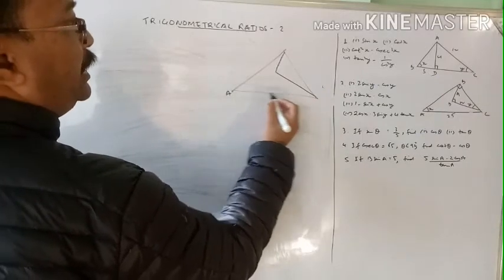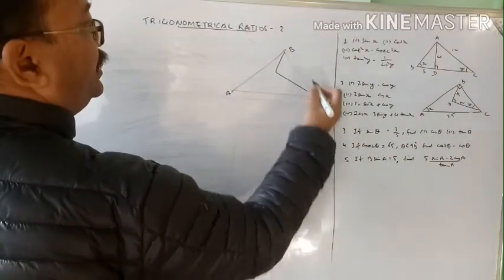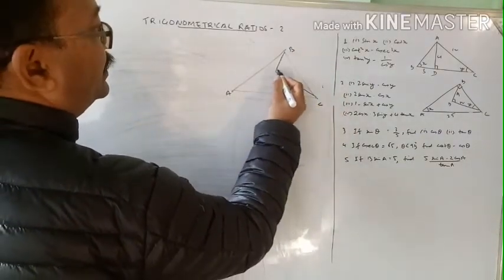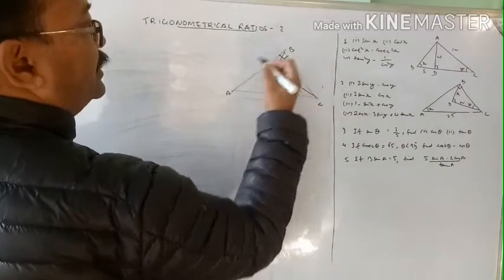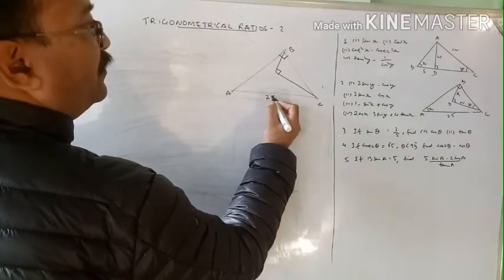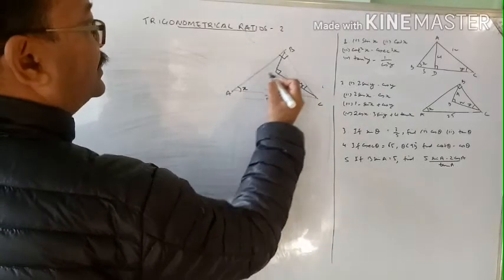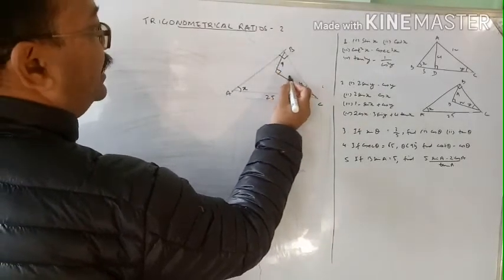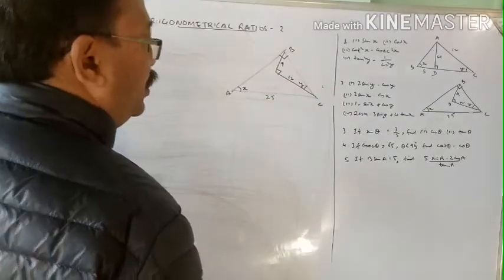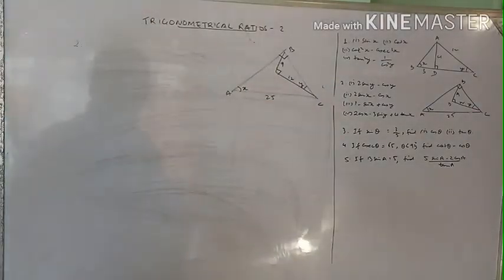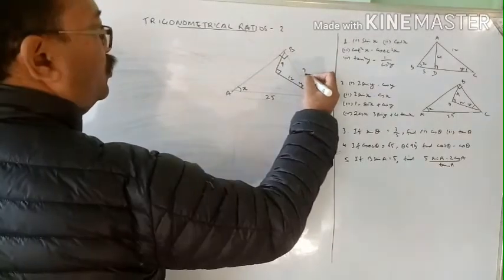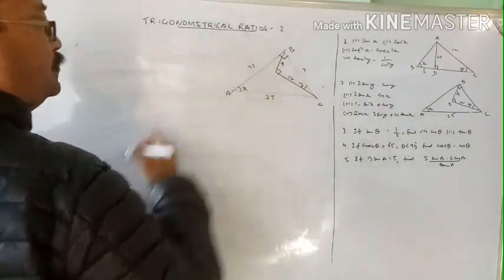Here A, B, C, this is a right angle, this is also a right angle. This is 25, this angle is Y and this angle is X, and this side is 9 and this side is 12.